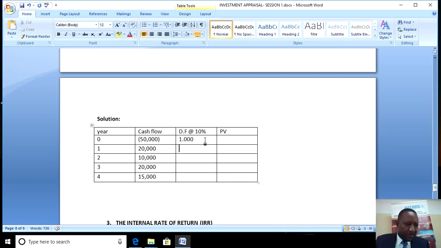But for year 1 from the table, you get 0.909. For year 2, you will get 0.826. For the third year, you will get 0.751. The fourth year, you will get 0.683.